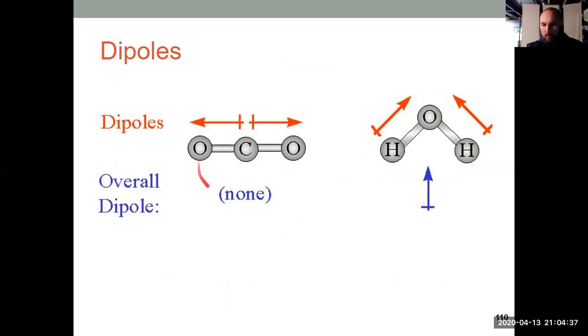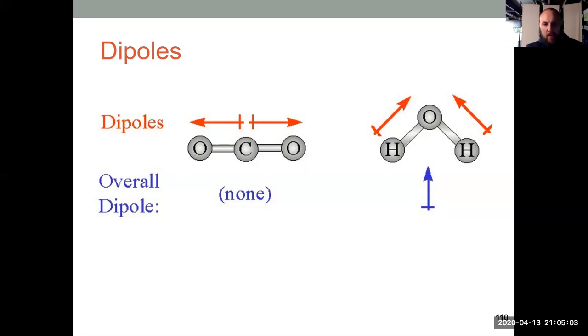But CO2 has an AX2 notation. It's linear. So while it has polar bonds, those vectors have canceled one another out, right? It's like tug of war going in the equal opposite direction. There's no movement. There's no overall dipole because they've canceled one another out. But H2O here, these are both being pulled upward.